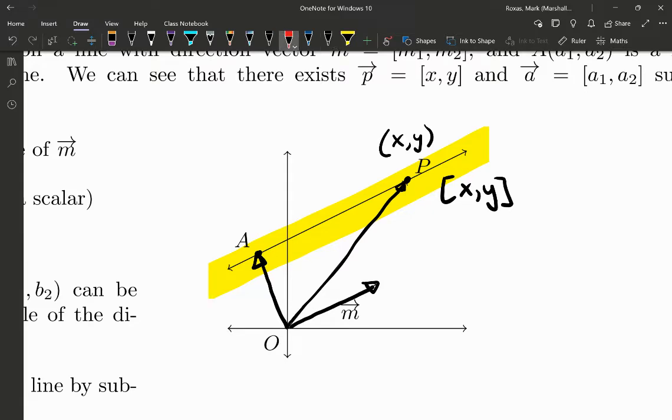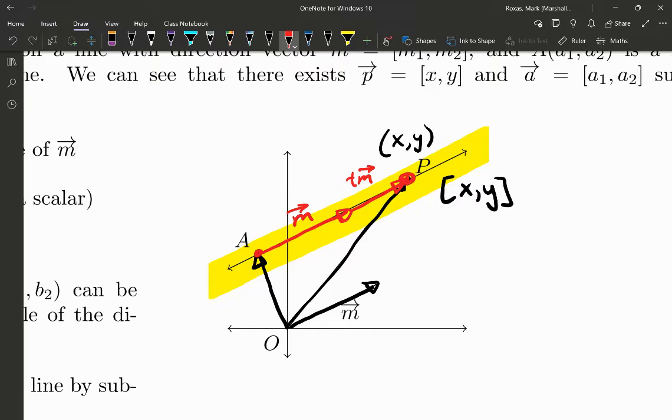In what direction is that going? Well, as long as we have where that direction vector is going, then we know the direction that the line is acting on. So as long as we have m and some scalar multiple of m, that's why we have the parameter t there. So tm, then we can reach any point on that line. Starting from the point vector a plus some scalar multiple of direction vector m, we can reach any point p on that line.